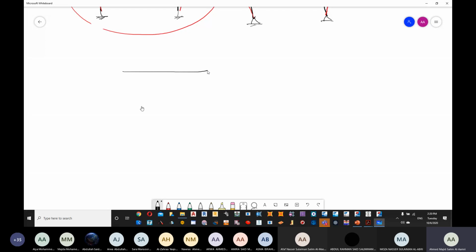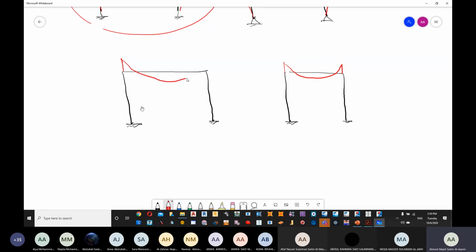So either it will be of this shape. We agreed about this one. This is the same. Now we are saying that this point is equal to this point. Same.